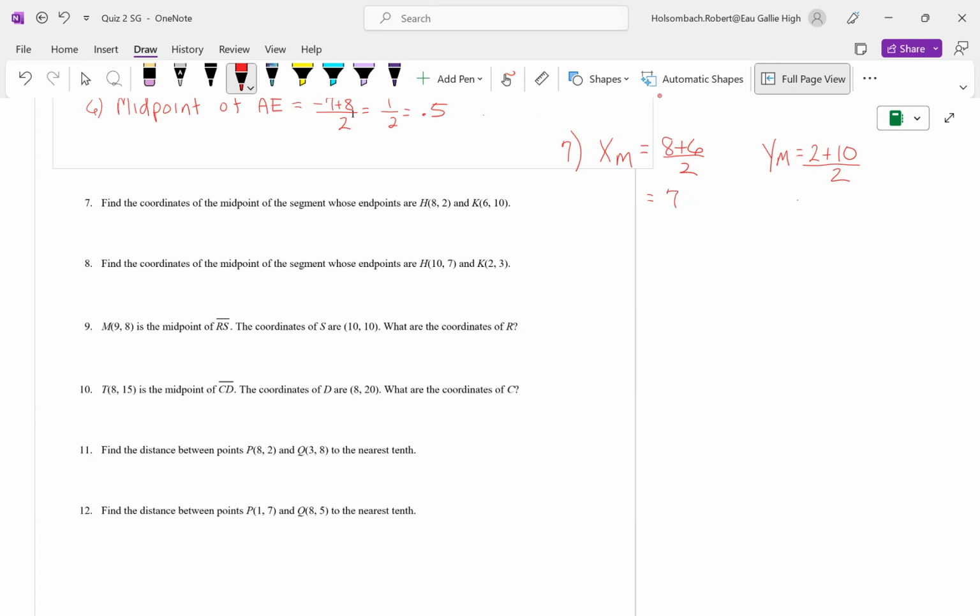And our Y at the midpoint, 2 plus 10 is 12, divided by 2 is 6. So our midpoint is going to be located at 7, 6. It's the average of your X's and the average of your Y's.